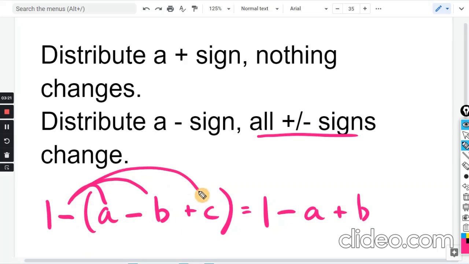And then minus c. Okay, so notice each sign changed. We had positive a and then negative a. We had negative b and then positive b. Positive c, negative c. This negative sign changed the sign of everything in the parentheses.